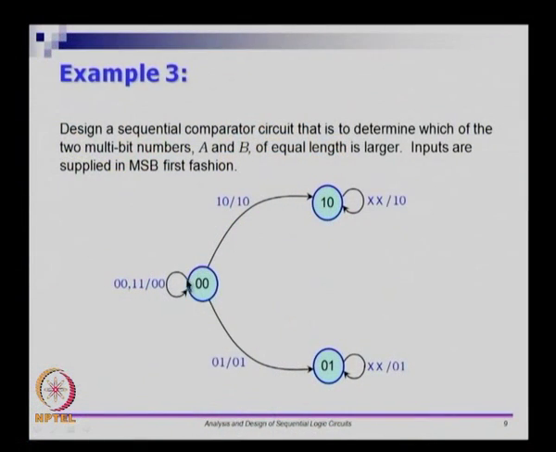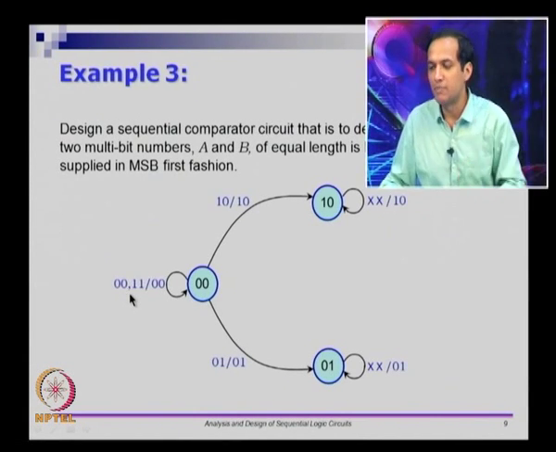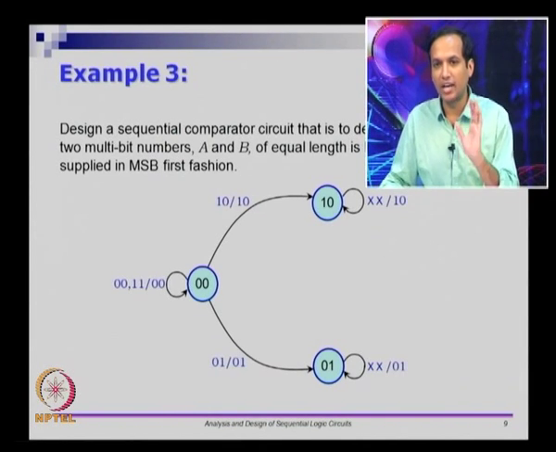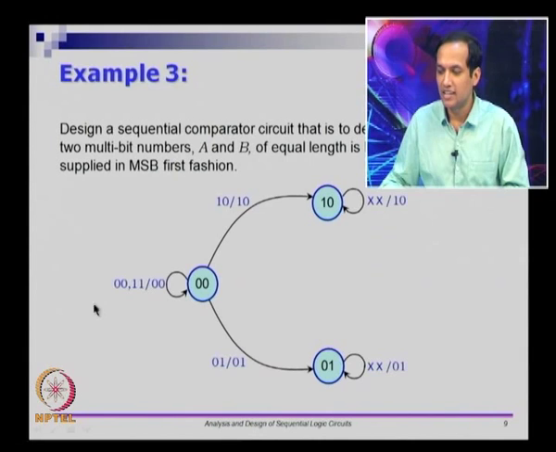So let us say I have a state called 00 and I am going to get two inputs, one from A and one from B, starting from the MSB first, right? I am getting the most significant bit first and I know that A and B are of equal length.